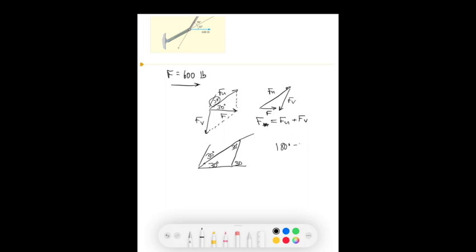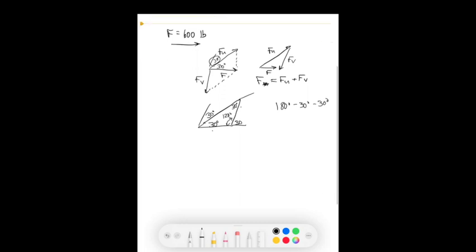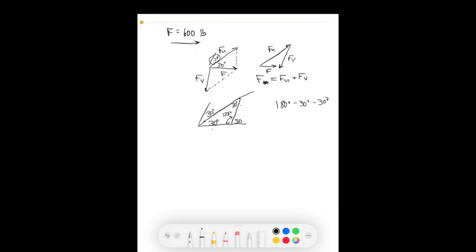So if we already have 30 at this angle and 30 at this angle, we know that the angle in here is then going to be 180 minus 30 minus 30, that equals 120, because we want to have all the angles add up to 180 degrees inside the triangle.